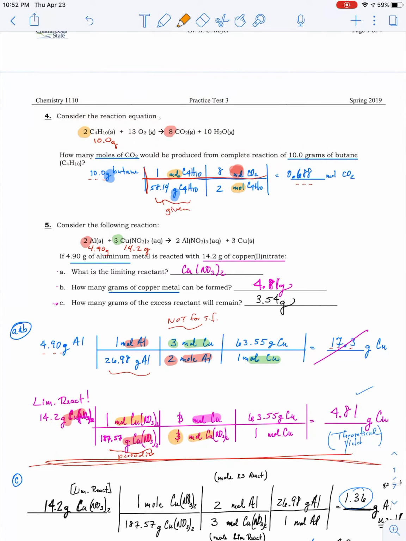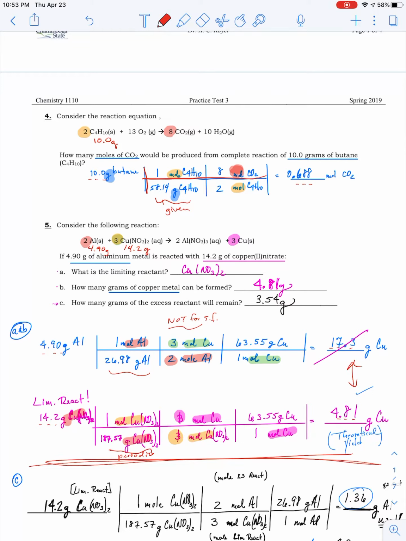And this is moles of copper nitrate. And then we're going to moles of just plain old copper. Then we go from copper to the grams of copper. That's because of the molar mass from the periodic chart. And we double check our sig figs, 1, 2, 3, 1, 2, 3.